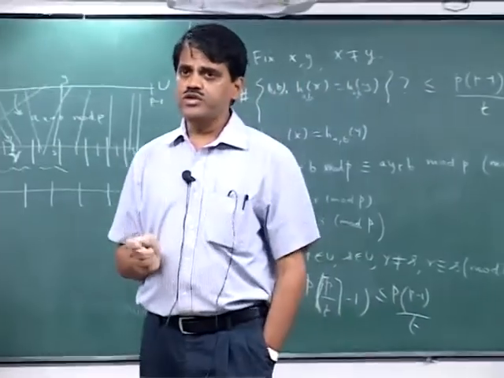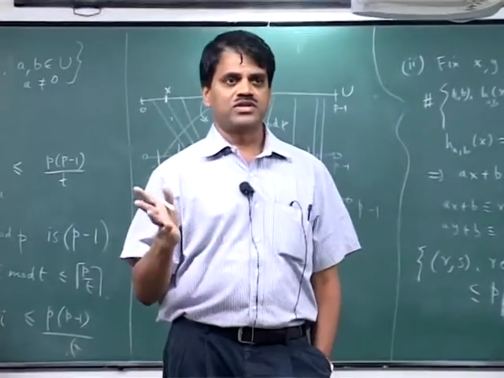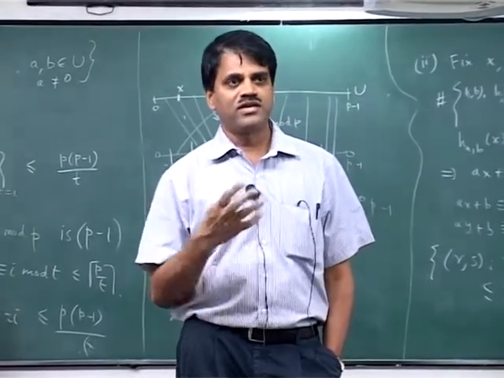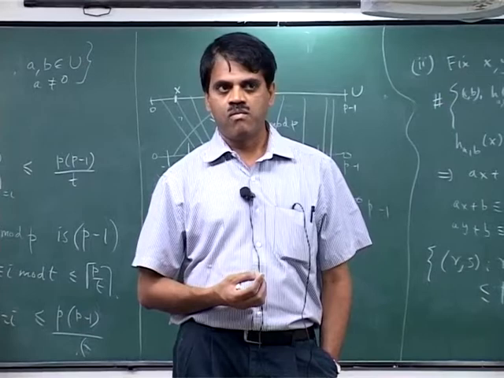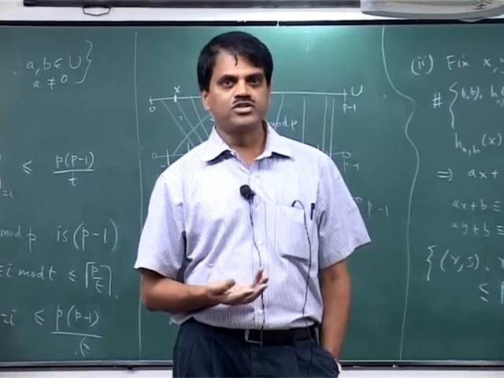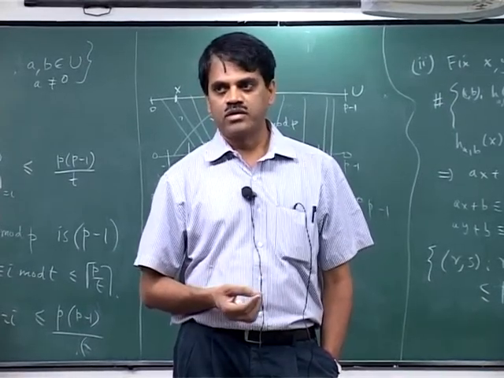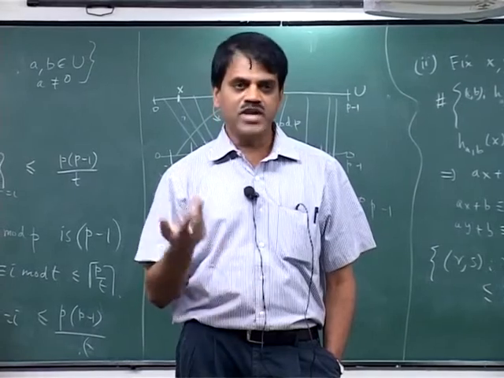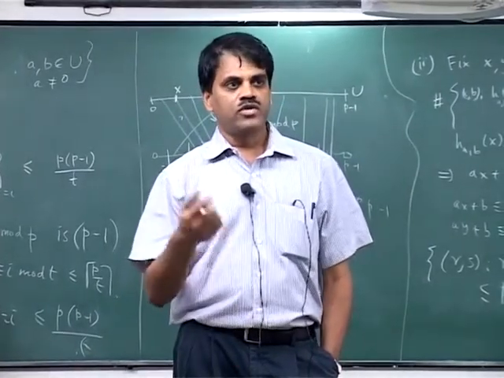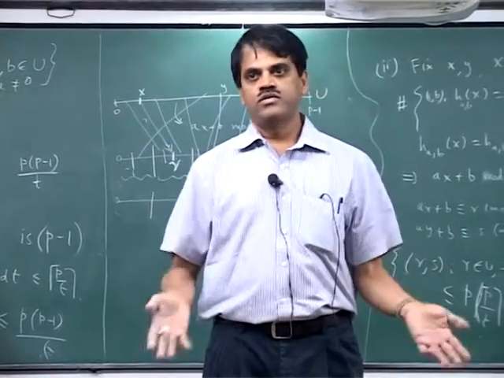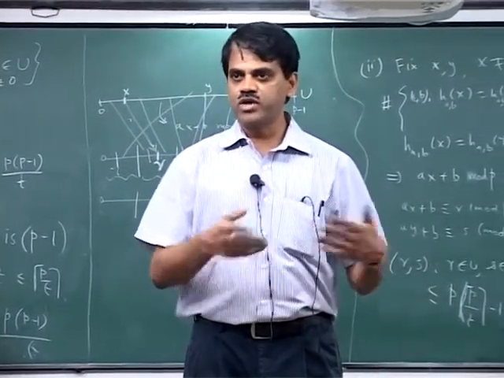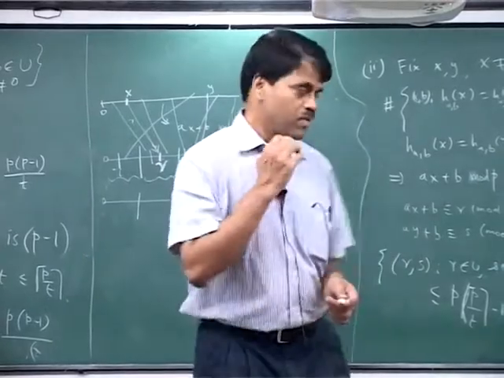I'm trying to look for an assignment to the variables. So what is the simplest random assignment you can think of? Every variable should take value 0 or 1. So just randomly toss a coin, with probability half, uniformly at random. If there is a head, I'll set it to 1, if there is a tail, I'll set it to 0.